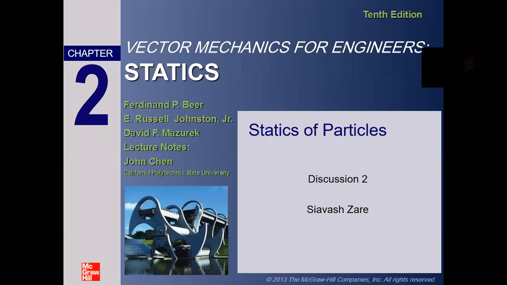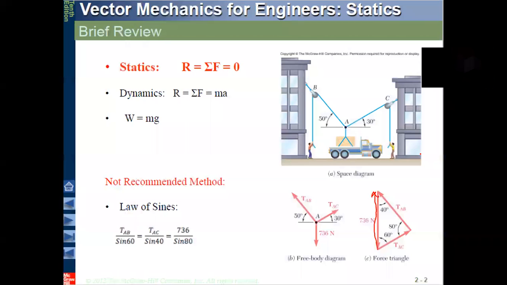Hello, everyone. In our last discussion session, we tried to learn how to decompose a vector into its components. In this session, we are going to deal with static cases where the resultant of all the forces is equal to zero.